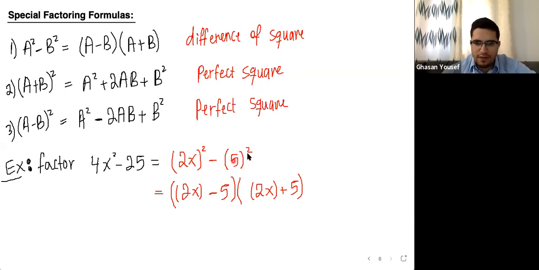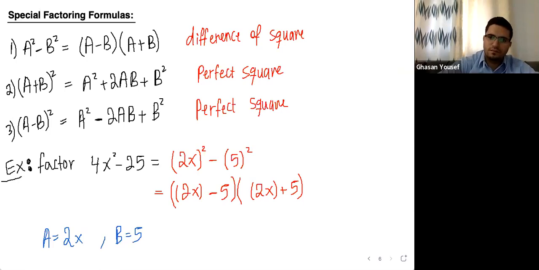And the same here, 5 raised to the power 2 gives me 25. So my A is 2x and my B is 5. Then applying the difference of square, A minus B times A plus B.